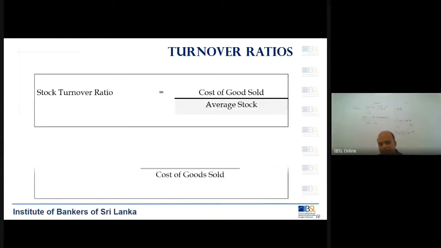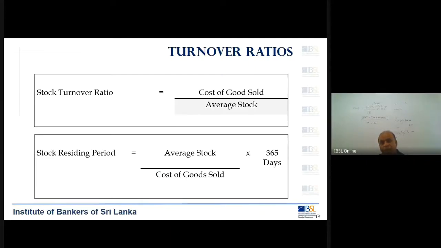Similarly, you can calculate the stock turnover ratio. We call it the stock turnover ratio. Now, what is this? Can you remember I explained to you? How long do you take for your stock to be sold? From the warehouse, using the raw materials, you might have prepared or manufactured the good.